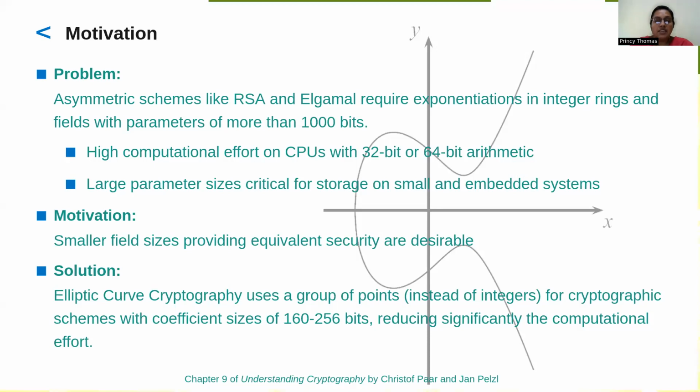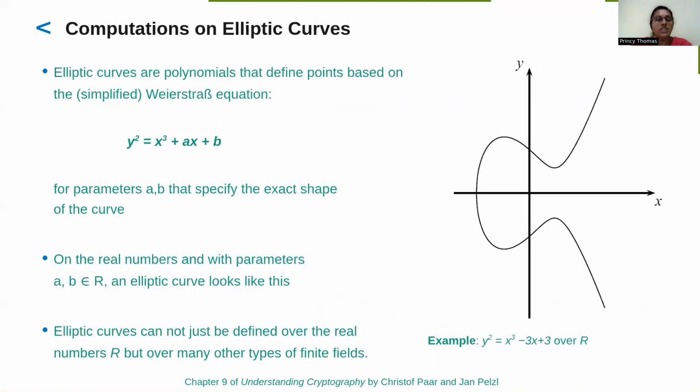But here around 160 to 256 bits is more than enough to give comparable security, and that is why the computation effort has decreased significantly. So this is the motivation for using elliptic curves, and many of the security schemes used now use elliptic curves. Now we are going to look at computations on elliptic curves.